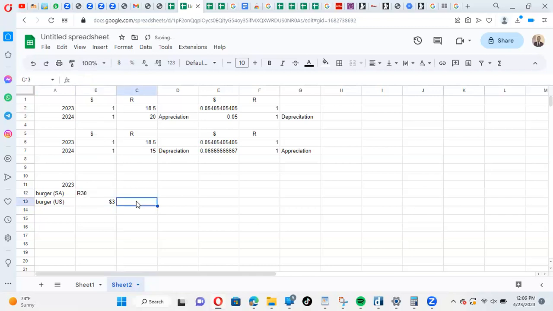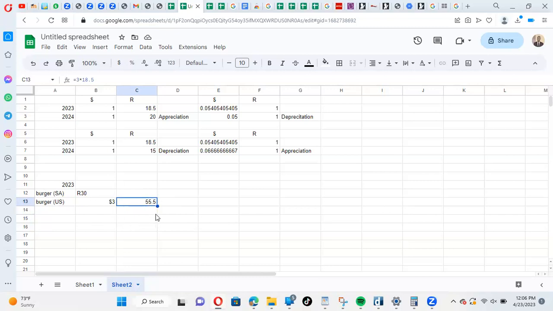If $1 is equal to 18.5, and we have $3 here, then that should mean 3 times 18.5. You're not going to be asked to do these calculations, by the way. I'm just illustrating here. So the price of a burger in the US is 55 rand 50, while in SA it's 30 rand.